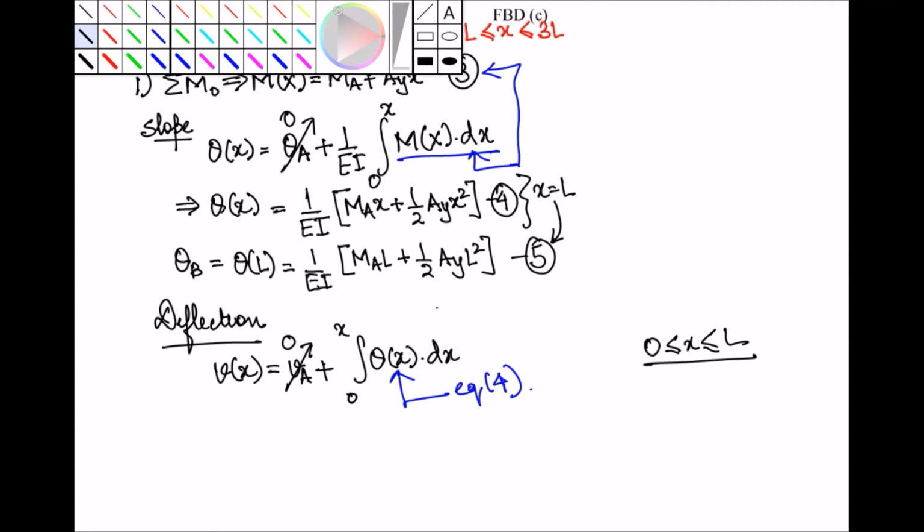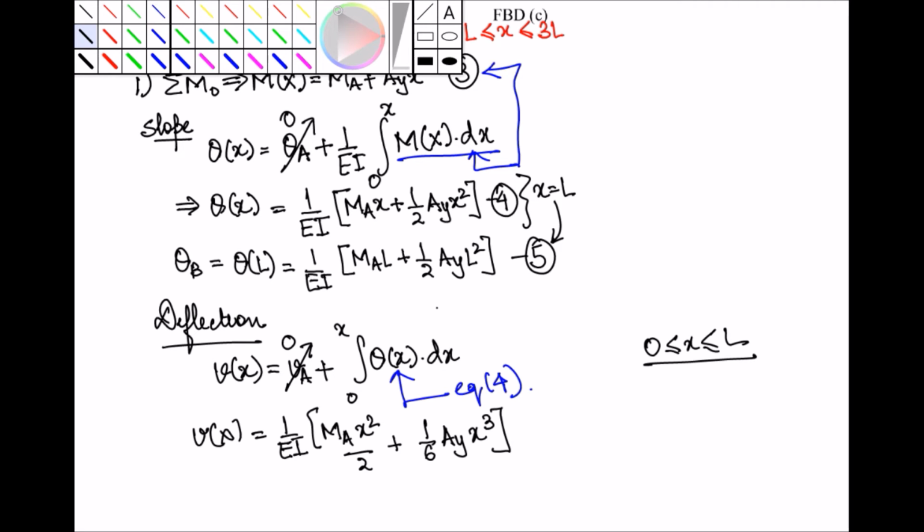So once we plug in equation 4 and integrate the expression, we are going to end up with v of x equal to 1 over EI times (M_A x squared over 2 plus 1/6 A_y x cubed).